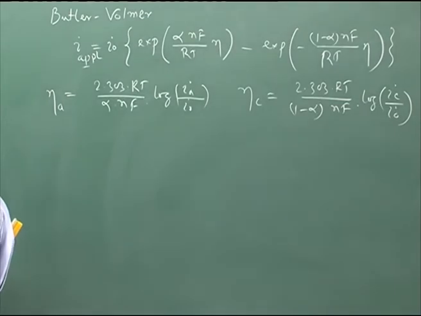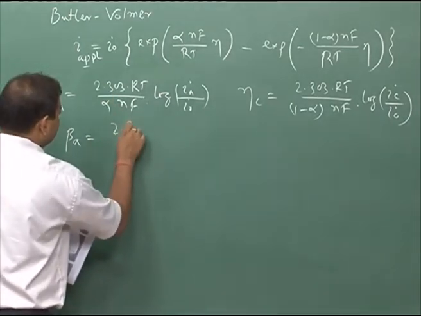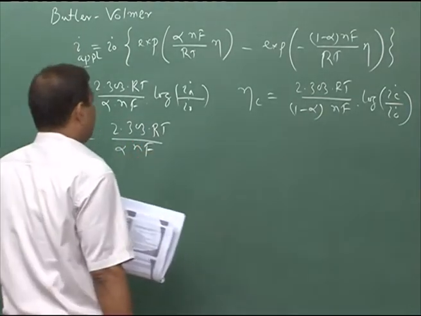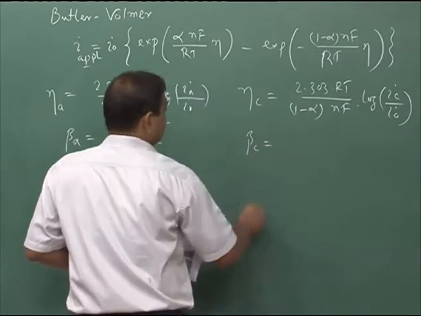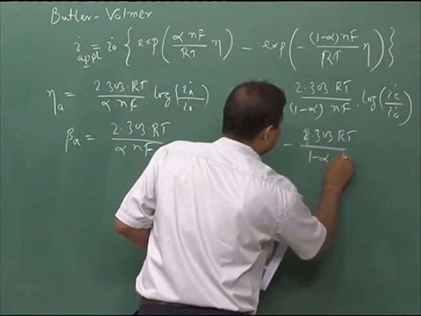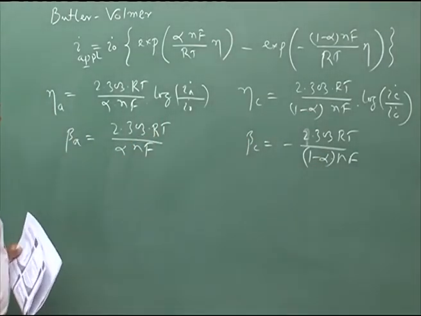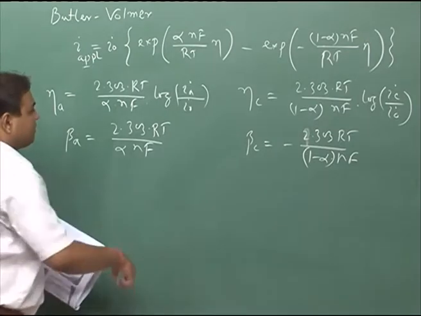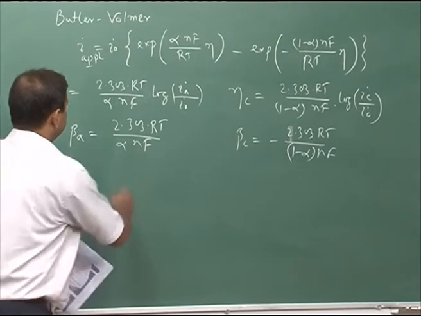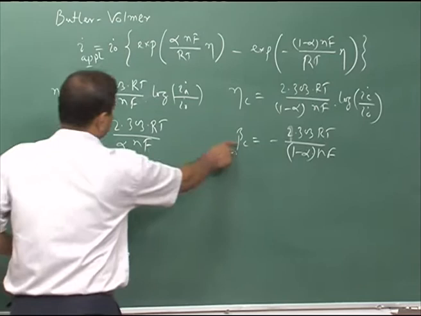Now, from this beta A is nothing but this part, 2.303 R T by alpha n F, whereas beta C is minus of 2.303 R T by 1 minus alpha n F. Now, here R is the gas constant, T is the temperature in Kelvin, n is the number of electrons associated with the metal reduction or oxidation, F is 1 Faraday, alpha is the symmetry factor, and these are the Tafel slopes. This is the anodic slope, this is the cathodic Tafel slope.